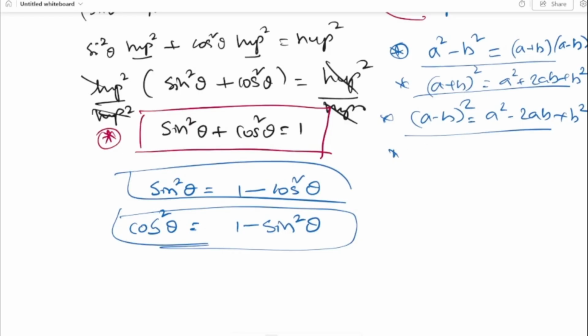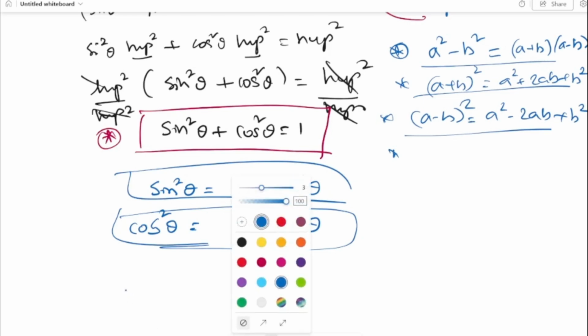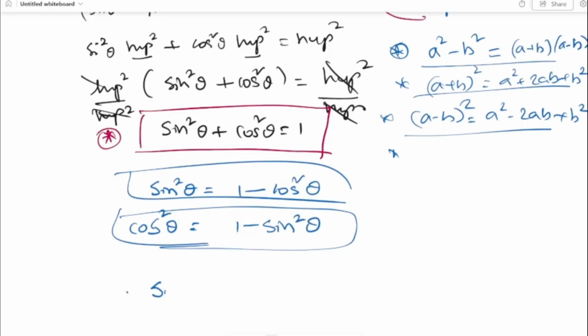Now let's stop here. Okay, sine square theta. Why was I emphasizing a square minus b square? Whenever you see something like a square minus b square, here sine square theta equal to 1 minus cos square theta. 1 you can write as 1 square.